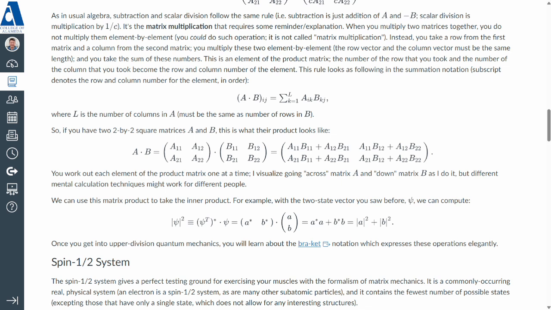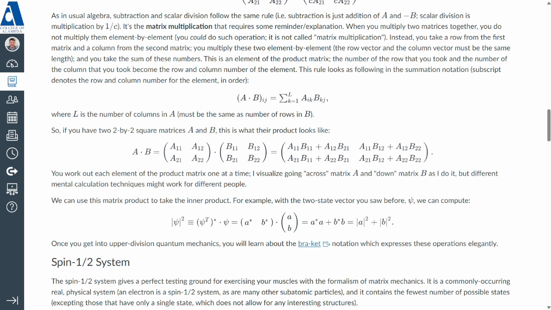Row 1, column 2, A11 times B12 plus A12 times B22. Row 2, column 1, A21 times B11 plus A22 times B21, and finally row 2, column 2, A21 times B12 plus A22 times B22.